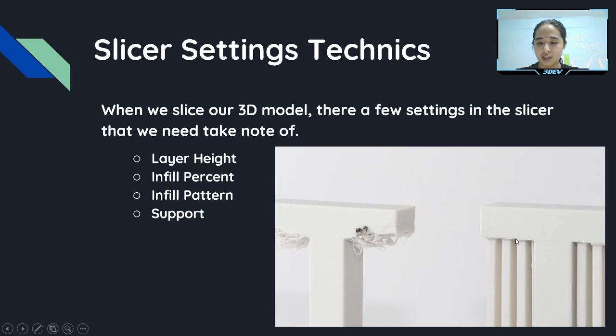And if you look at the second T, you don't have any issue because the support is supporting the empty area of your letter. Some models that you are printing may need support and some may not. In a future video, we will teach you how you can choose your own support and the support density for your print.